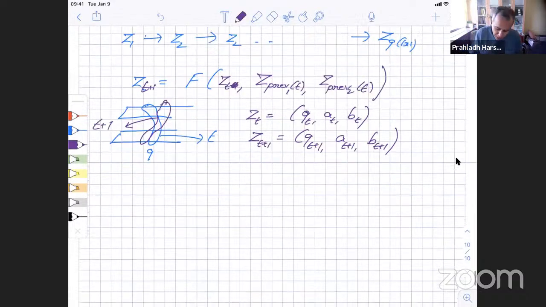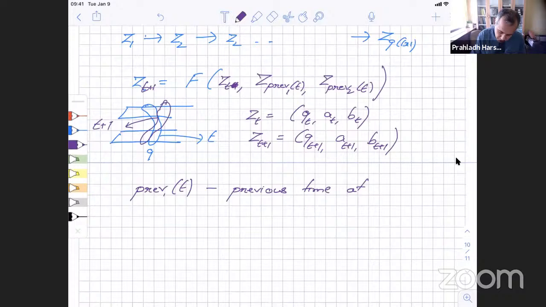So prev 1T is the previous time step. All of these are T minus 1, T minus 1, T minus 1, and there are more T's.